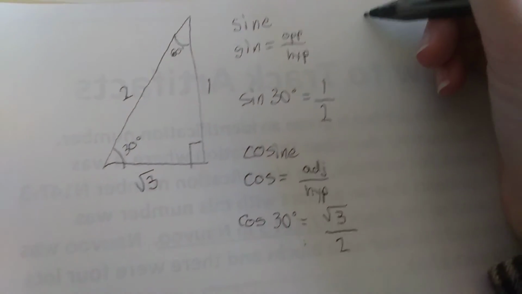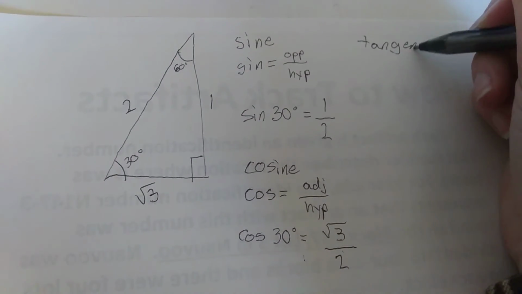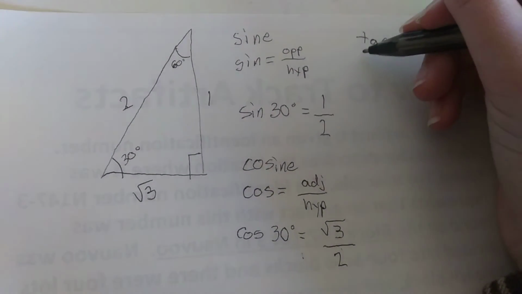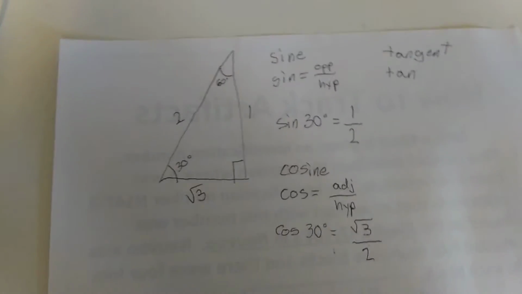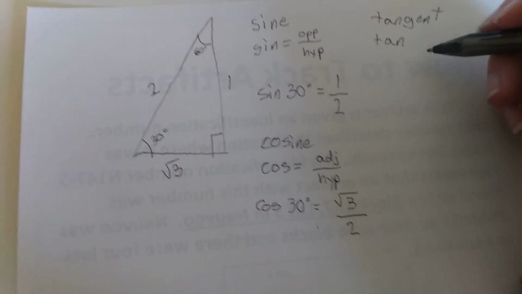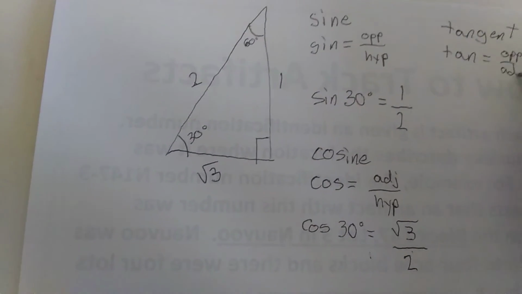And lastly, we have tangent. This is tangent, but when you abbreviate it, it's just tan. And the tangent is the opposite side over the adjacent side.